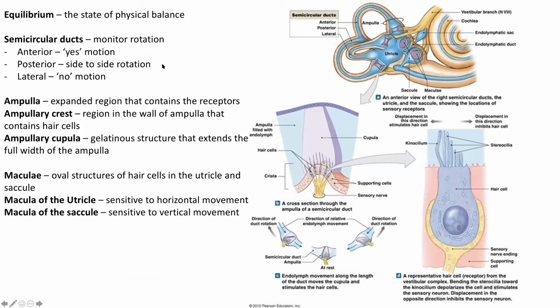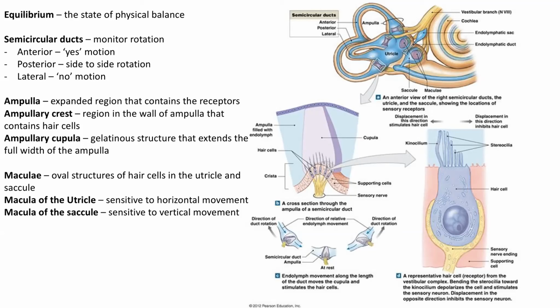So the semicircular ducts, these monitor rotation. There's three different rotations. When you do the yes movement, when you nod yes, that anterior rotation is monitored by the anterior semicircular duct. And then when we shake our heads no, when we go side to side, that is measured by the lateral semicircular duct.